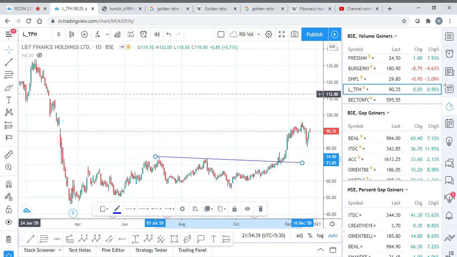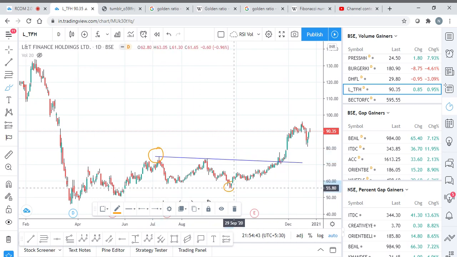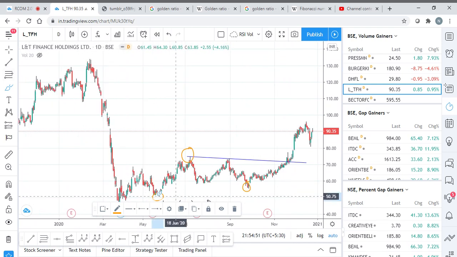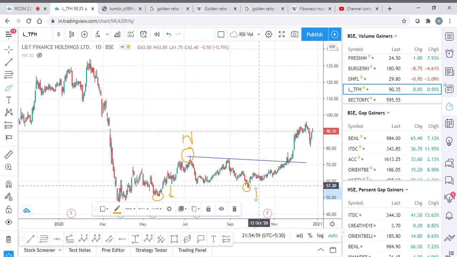This is the high point, and this is the low point, and this is the start point. So this will give you the idea. This is actually the low, this is the high, and this is the pullback.